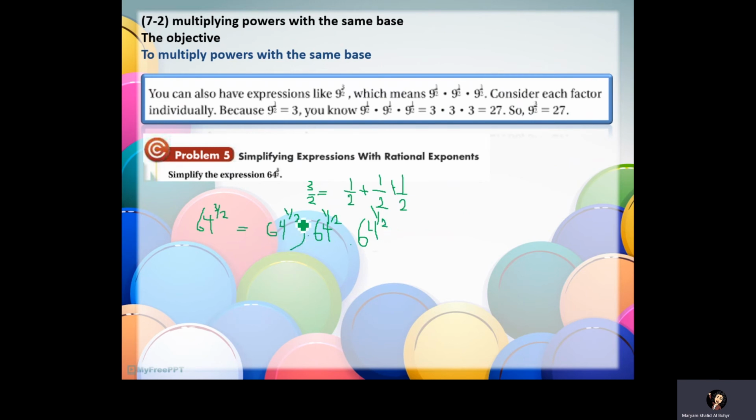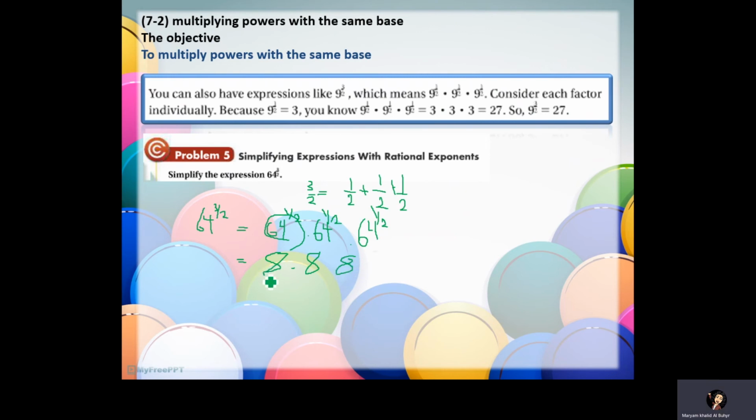Now that's easy. I know the number that when I multiply it by itself 2 times, because the denominator is 2, is 8. Again, this will give me 8, times 8, that will give me also 8.